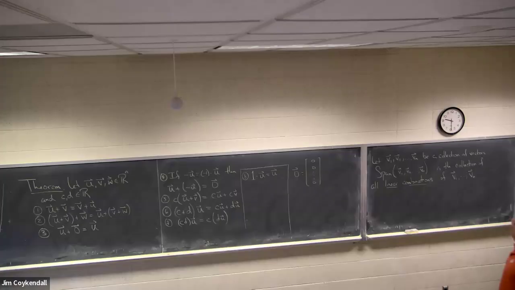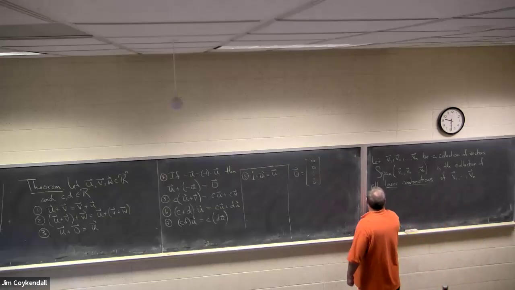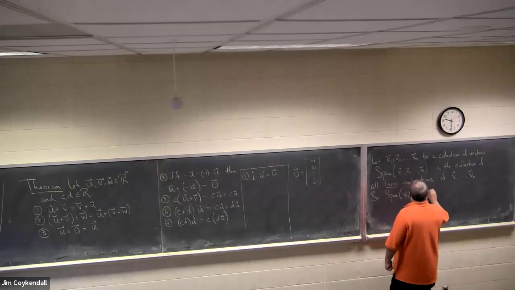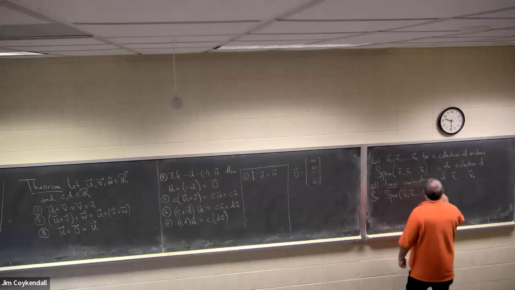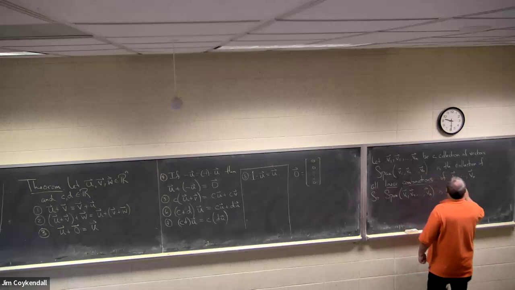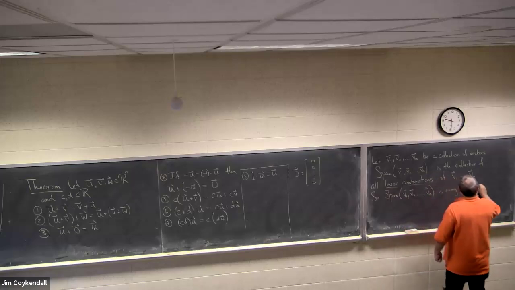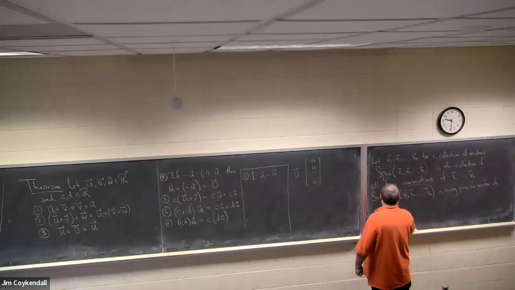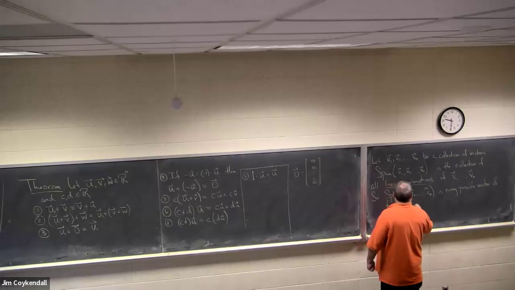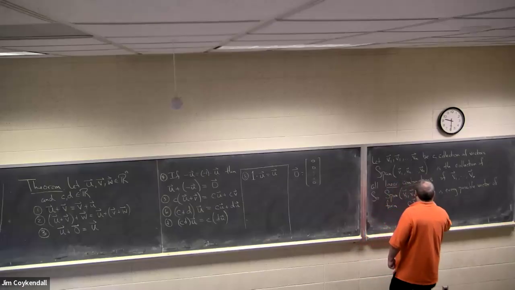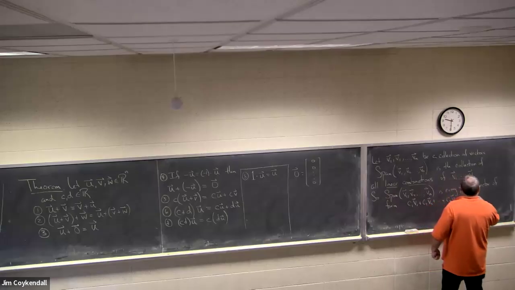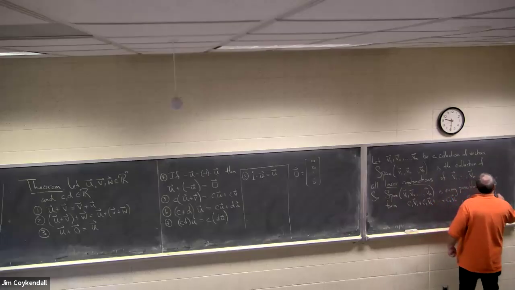What do I mean by a linear combination? Let me put this another way. It is every possible vector of the form C1 V1 plus C2 V2 plus up to Cn Vn, where C1, C2, up to Cn are scalars.